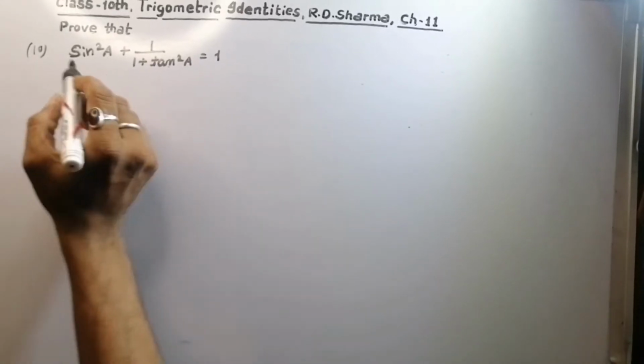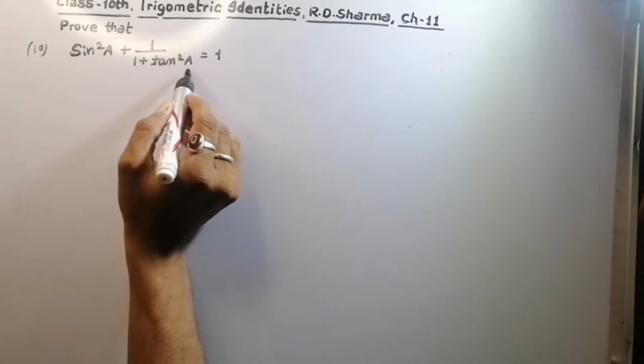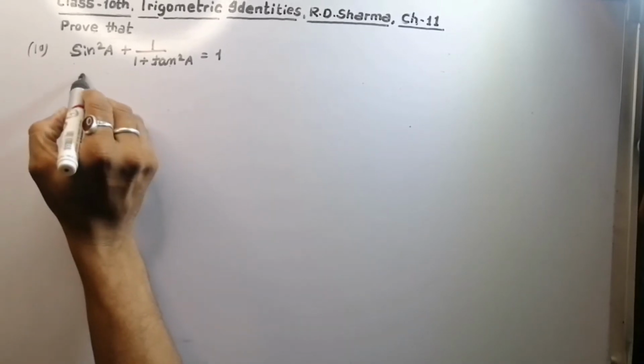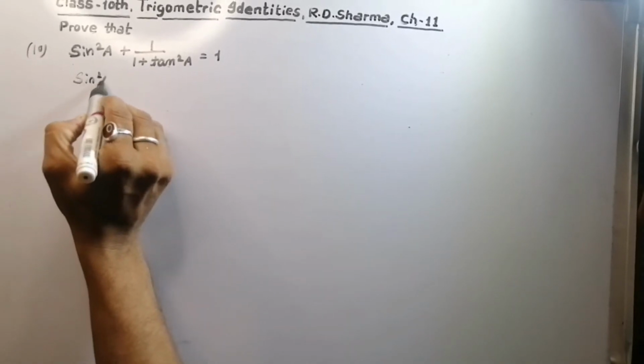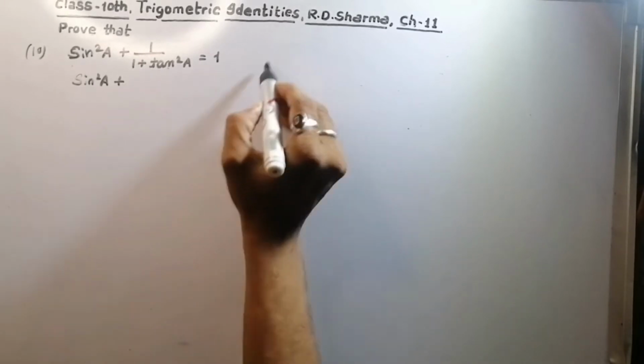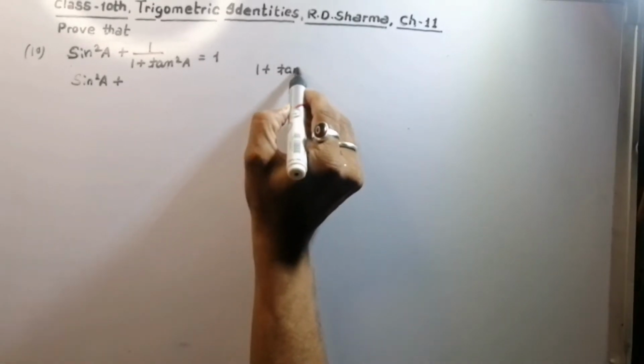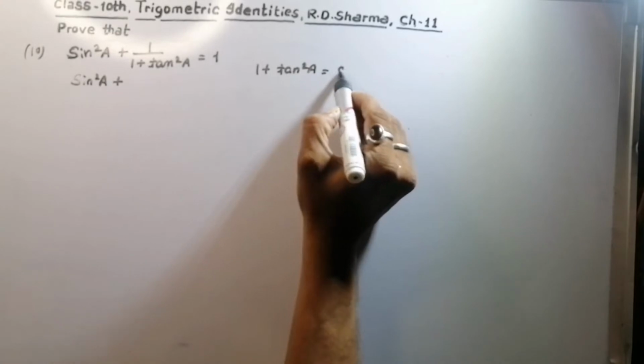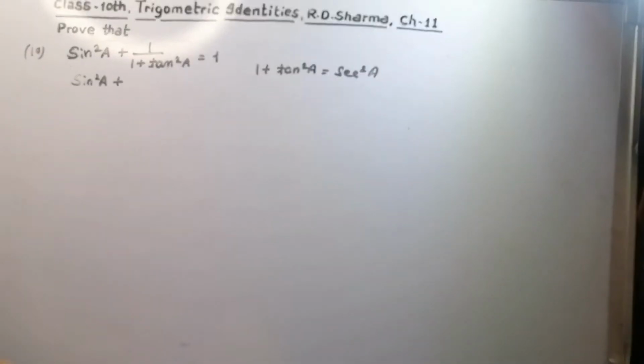Question number 10. sin square a plus 1 upon 1 plus tan square a is equal to 1. Left hand side, it is sin square a plus 1 upon 1 plus tan square a. We can write in place of it sec square a.